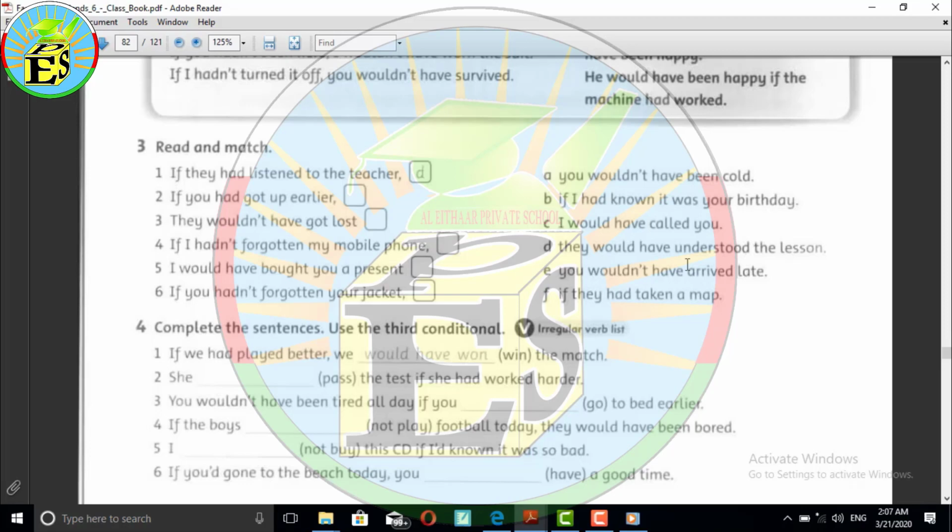Number 3. They wouldn't have got lost. If what? If they had taken a map. Yes, very good. If they had taken a map.